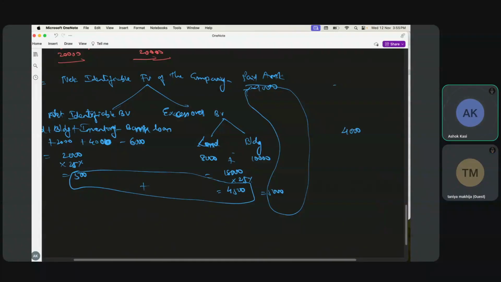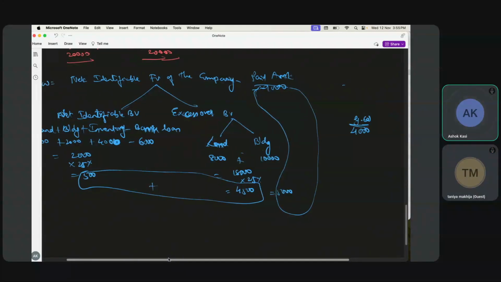That 4,000 is what is called goodwill. This goodwill is a plug-in figure, just the remaining amount we calculate as goodwill. Is this part understood? Now you write down all this properly.